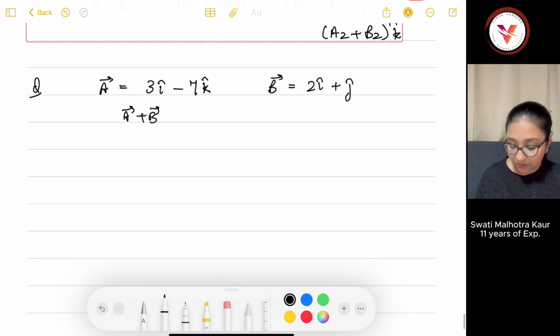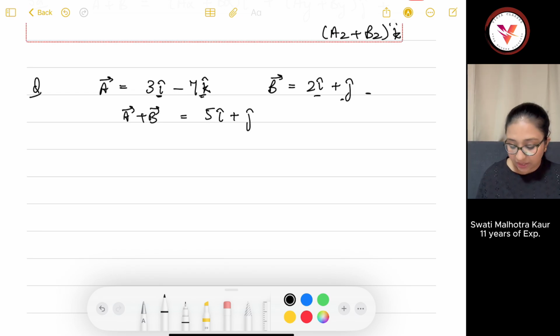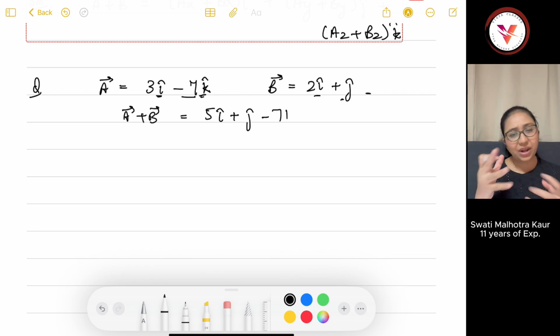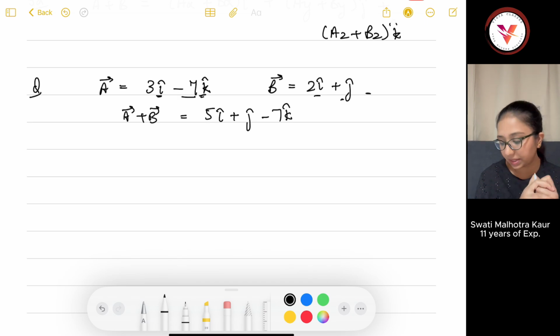You have i here, so you can do 3 plus 2, 5 i cap. Here is k, but there is no k. But here is j, there is no j, so simply j cap only. 0 plus 1, and it is minus 7. Here is 0, there is minus 7 k cap only. So for subtraction itself, the minus sign comes there, but as a whole it remains the same.